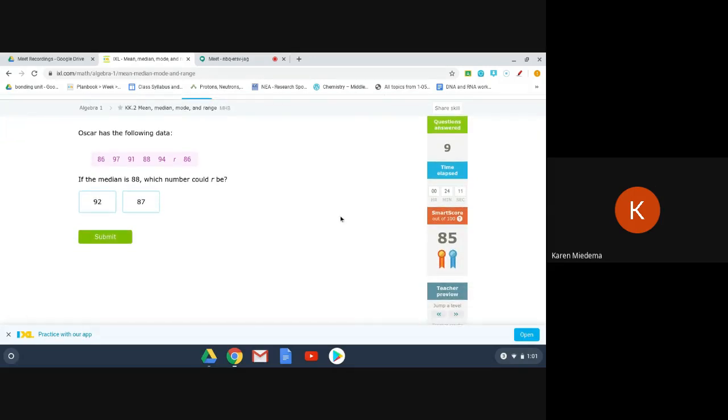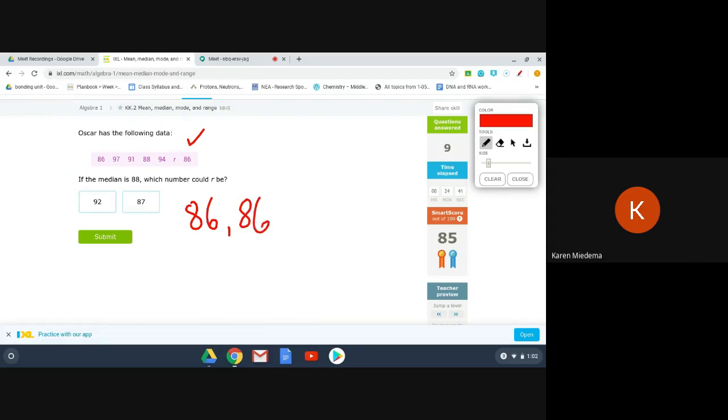Okay, this is an example with the median. So again, the median is the middle number in an ordered list of data. So if I were to put this one in an ordered list, it says if the median is 88, which number could R be? Okay, so let me start with the smallest numbers. 86. Got another 86.